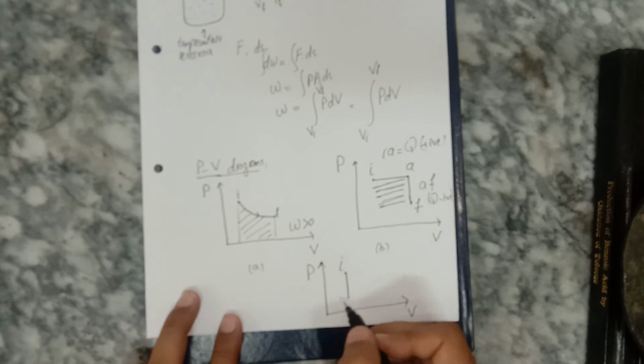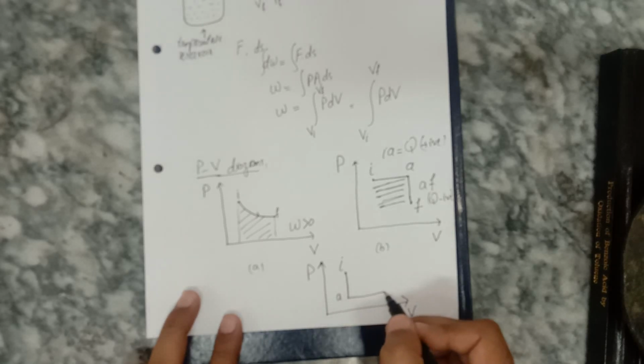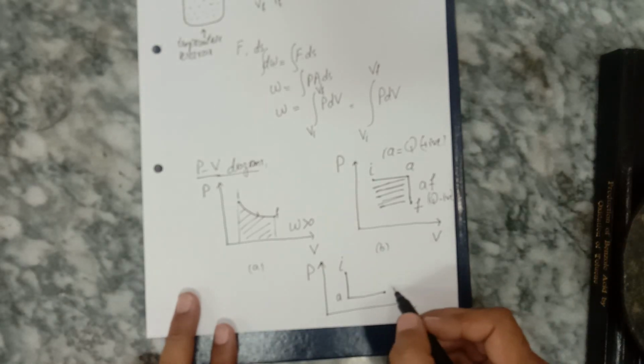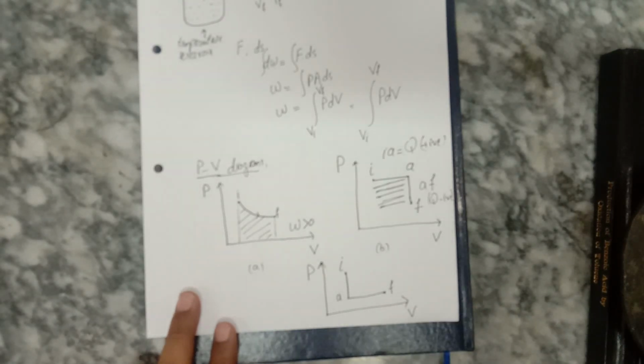This is my initial, and this is, let's say, point A, and then the volume of the system increases and reaches my final state. So between I to A there is no change in volume, so there would be no work done, and since the pressure is decreasing, you can say that heat is being taken out of this system, and Q would be negative.